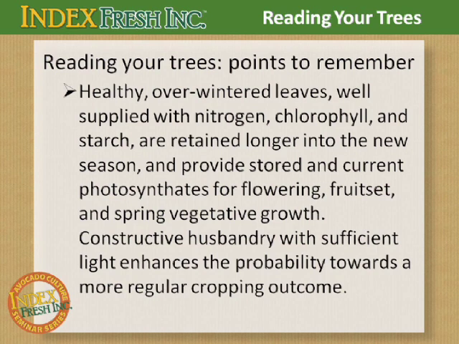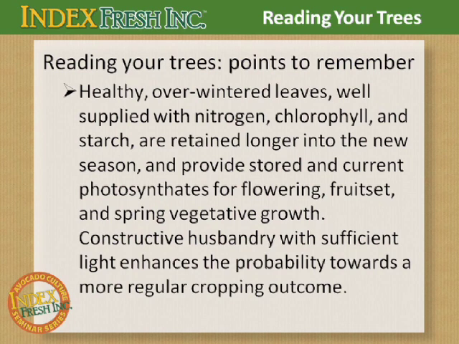We see a lot of orchards that are hopelessly too closed. The whole bottom of the tree doesn't almost exist. All I see is some branches. Everything is on a single horizontal plane at the top of the tree. That's not smart farming for light. So, constructive husbandry with sufficient light enhances the probability toward a more regular cropping outcome. See?